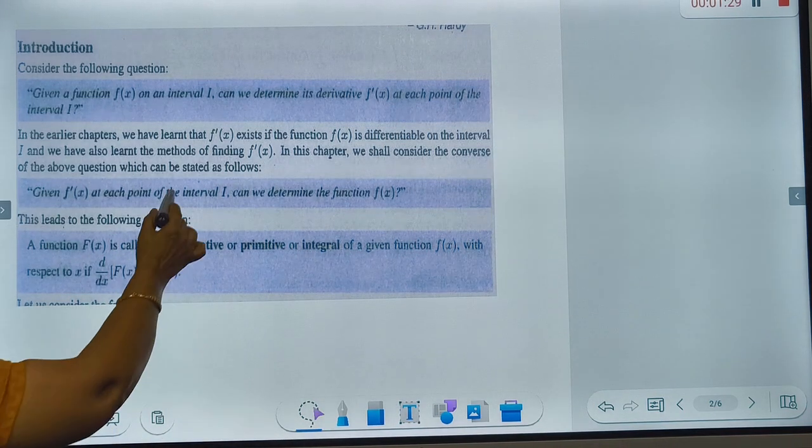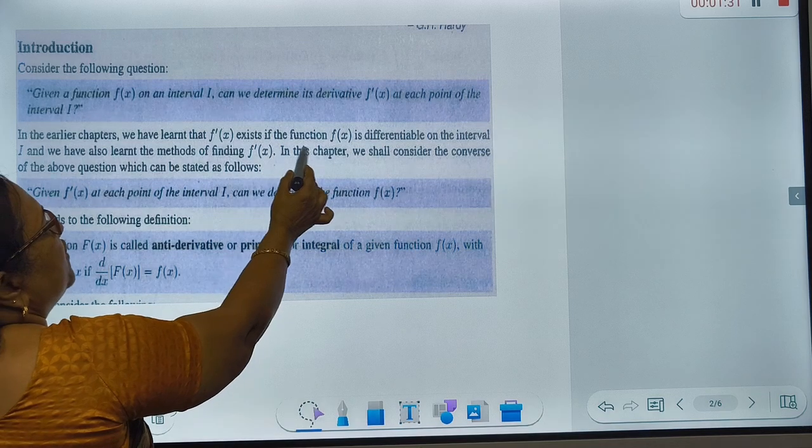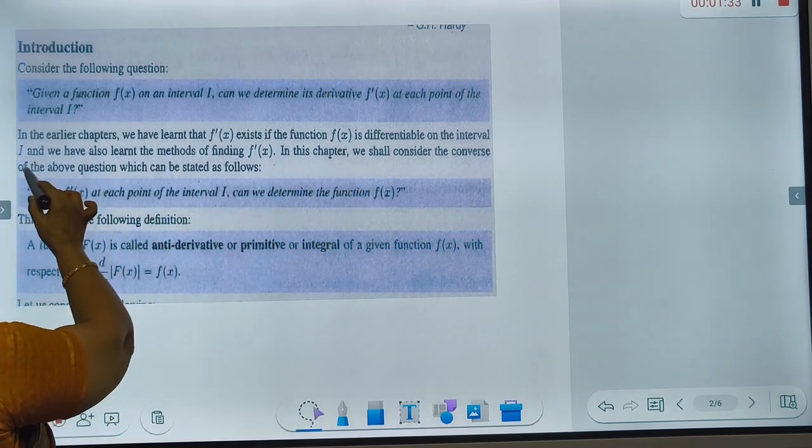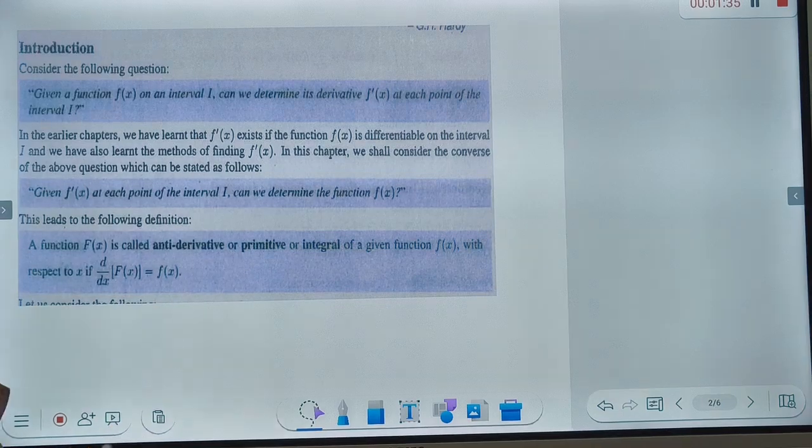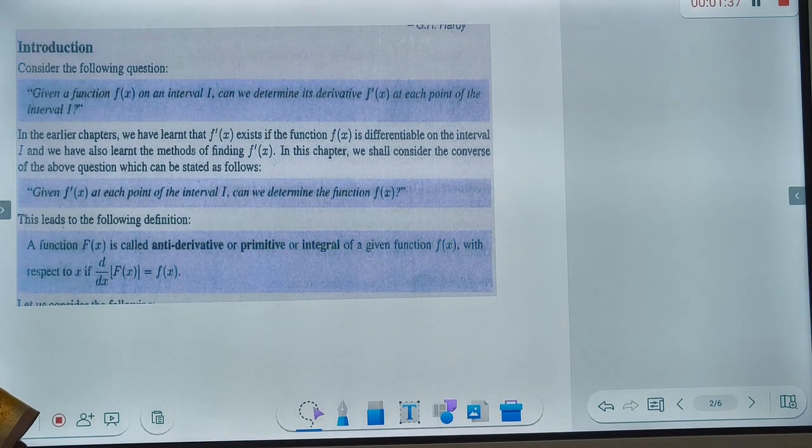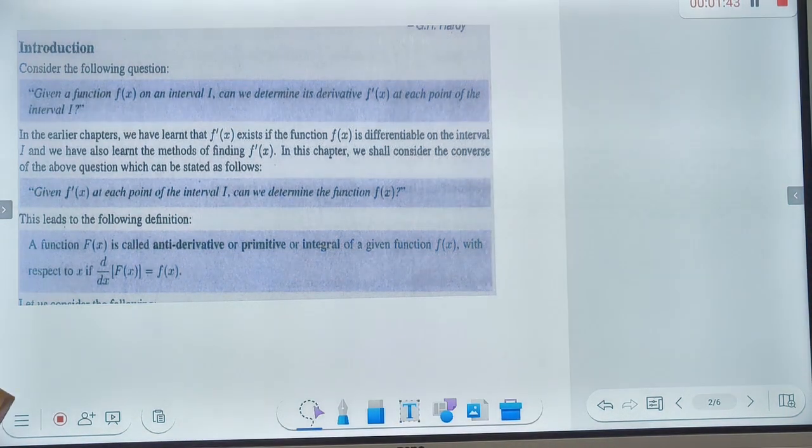We have also seen that f dash of x exists if the function is differentiable in the interval I, and we have learned several methods of finding derivatives like product rule, chain rule, quotient rule, and how to differentiate implicit functions.